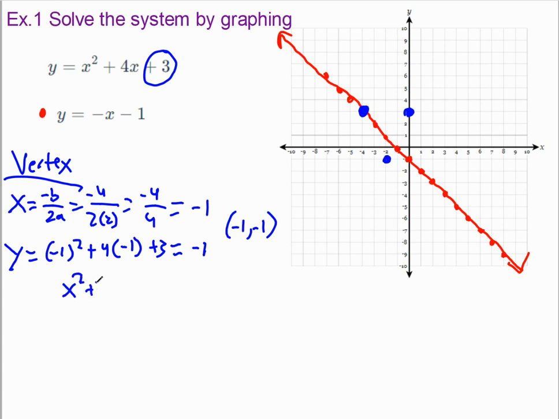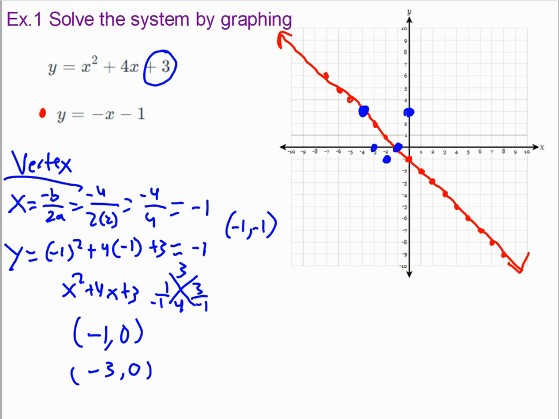X squared plus 4x plus 3. Two numbers that multiply to 3 and add to 4 are 1 and 3. Use our factoring shortcut: divide by my leading coefficient, but make it negative, so divide by negative 1. I get negative 1 and negative 3. So my roots are at negative 1, 0 and negative 3, 0.